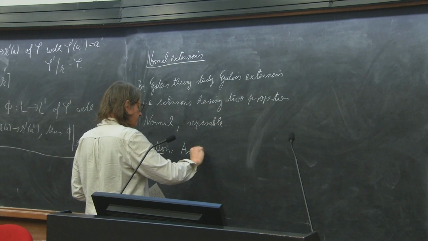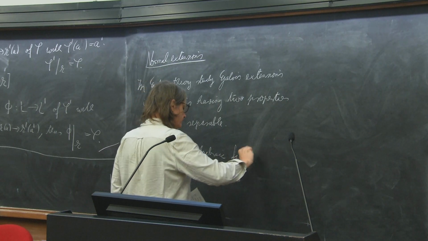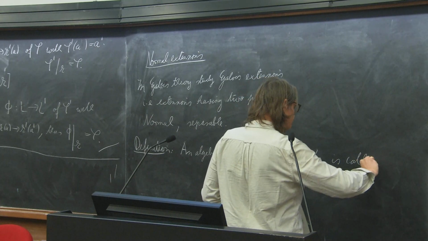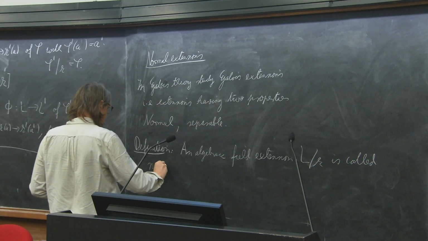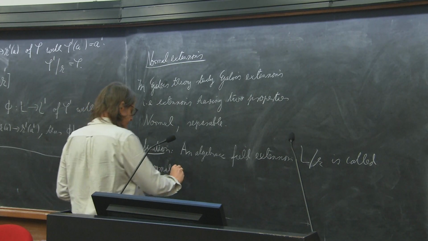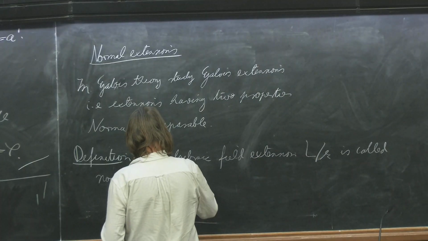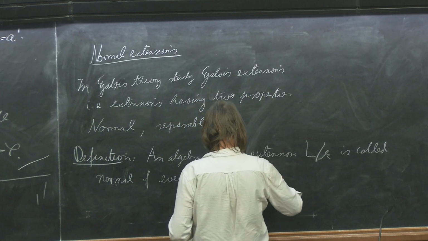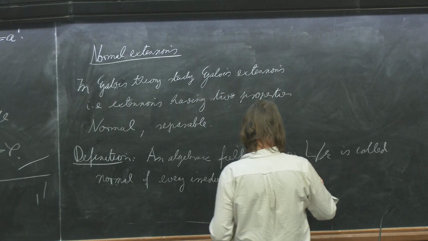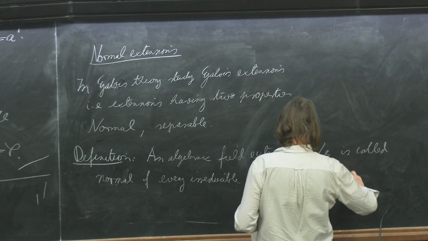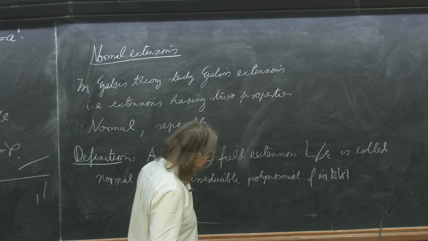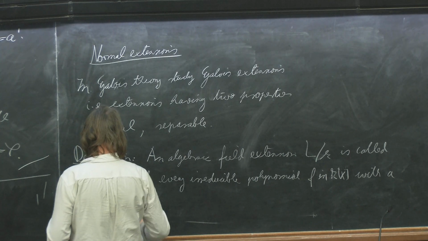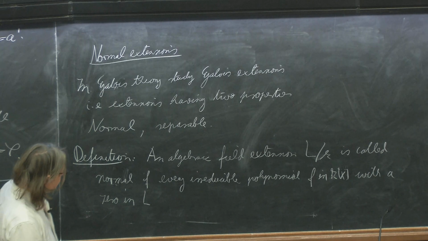An algebraic field extension L over K is called normal if the following holds: if every irreducible polynomial f with coefficients in the smaller field, which has a 0 in the bigger field, already splits over the bigger field into linear factors.